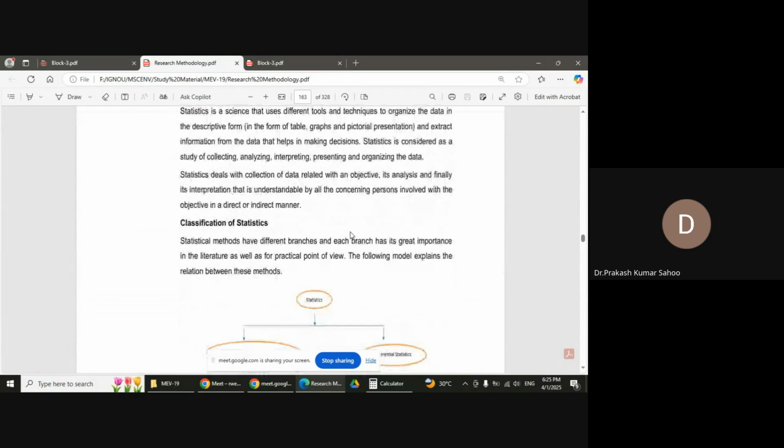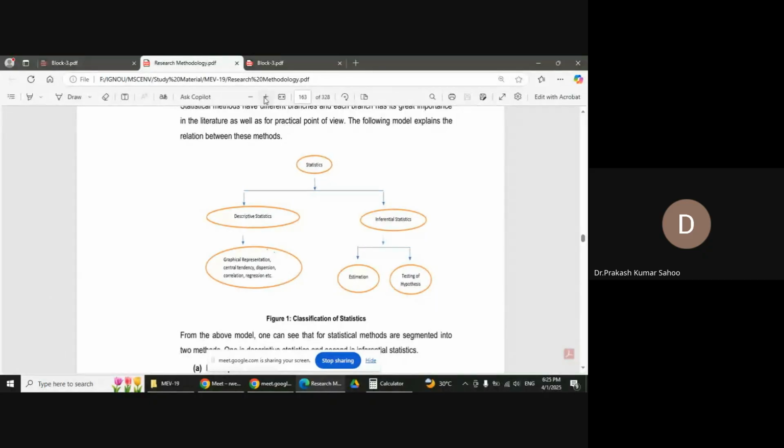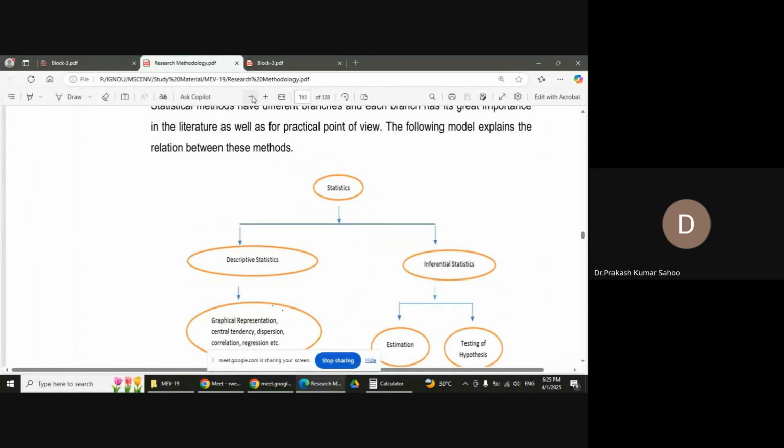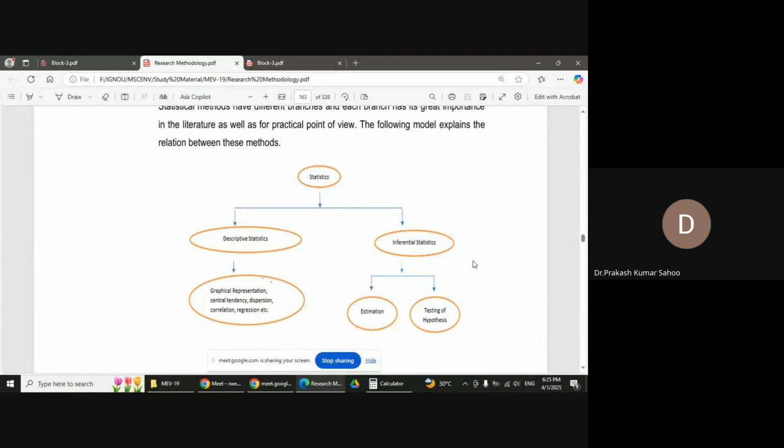Statistics is mainly of two types: descriptive statistics and inferential statistics. Descriptive statistics includes graphical, central, dispersion, correlation, and regression. And inferential includes estimation and testing of hypothesis.